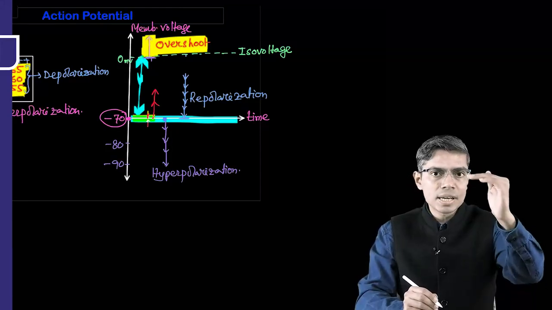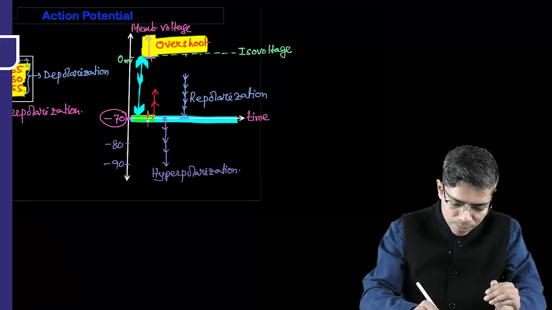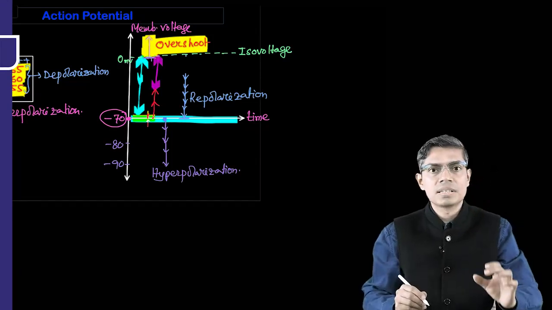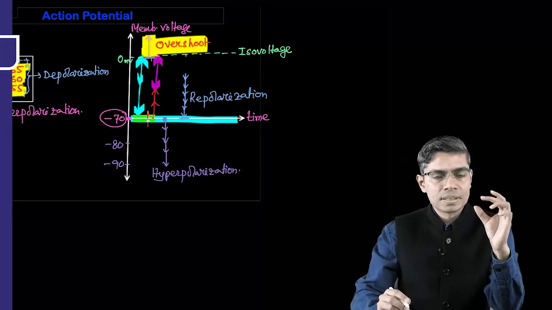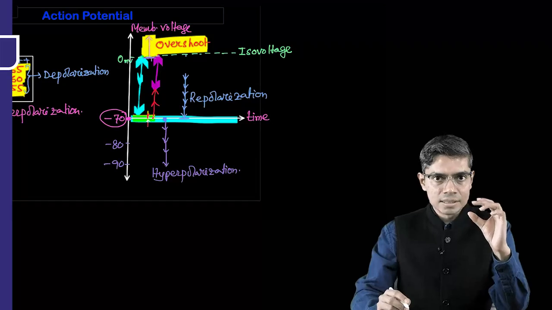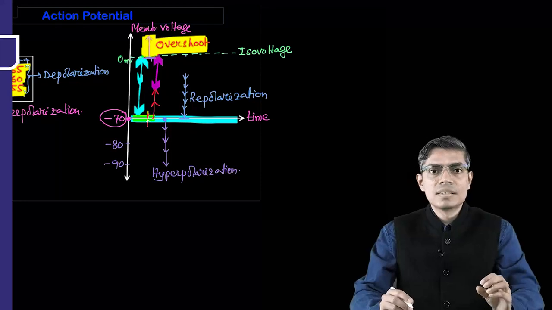So obviously the distance from the iso voltage is reduced. That's why this reduction of distance from iso voltage is known as decrease in resting membrane potential.